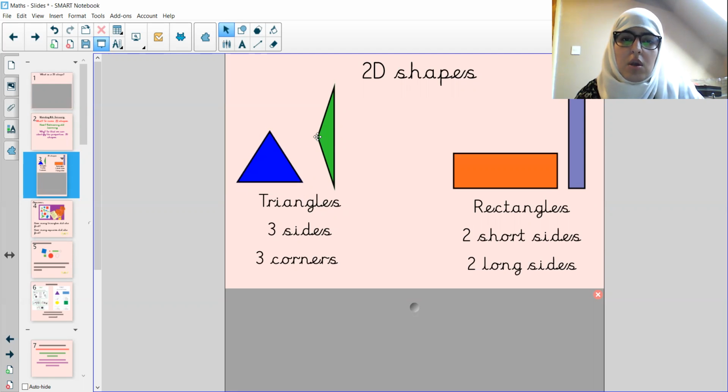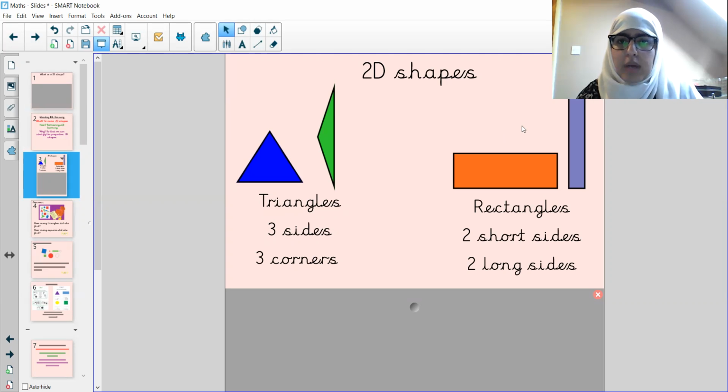Let's check the other one. 1, 2, and 3. So that is why these two shapes are triangles, because the properties of a triangle are that they all have three sides and they all have three corners, and that is what makes a triangle.